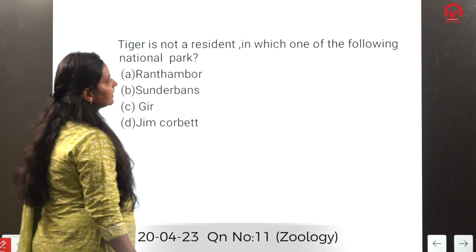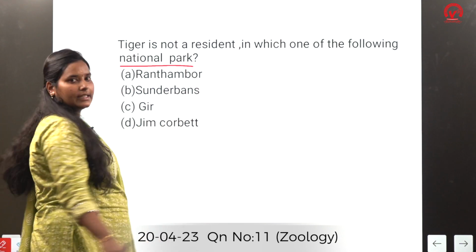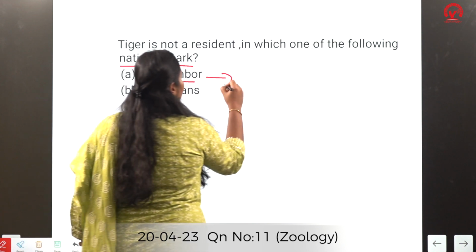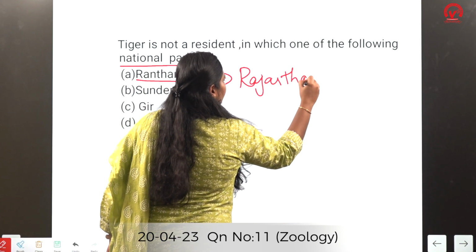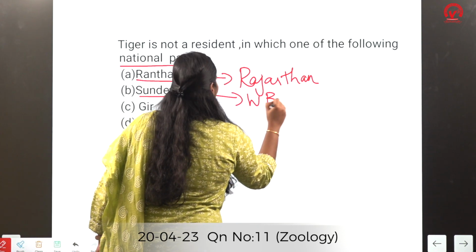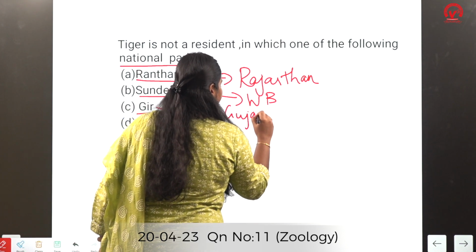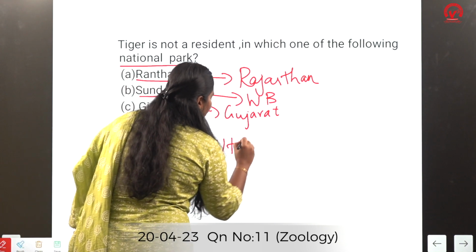Tiger is not a resident in which of the following national parks? First we can see the location of the following options. First, Ranthambore, which is located in Rajasthan, and Sundarbans, which is located in West Bengal, and Gir, which is located in Gujarat, and Jim Corbett, which is located in Uttarakhand.